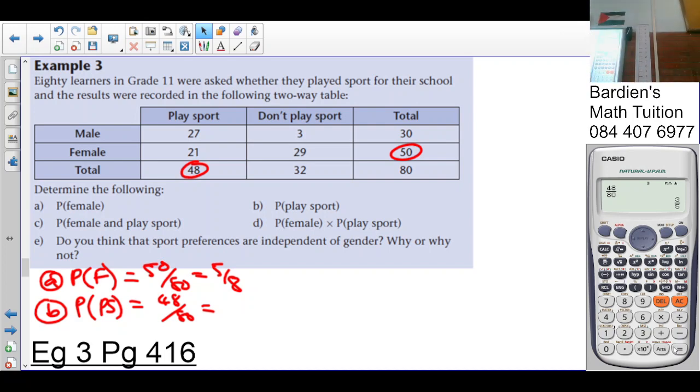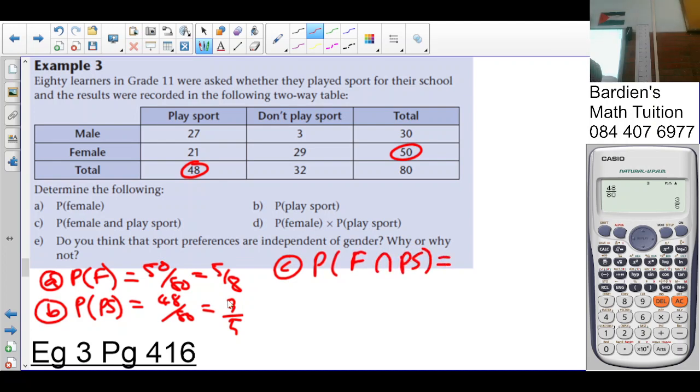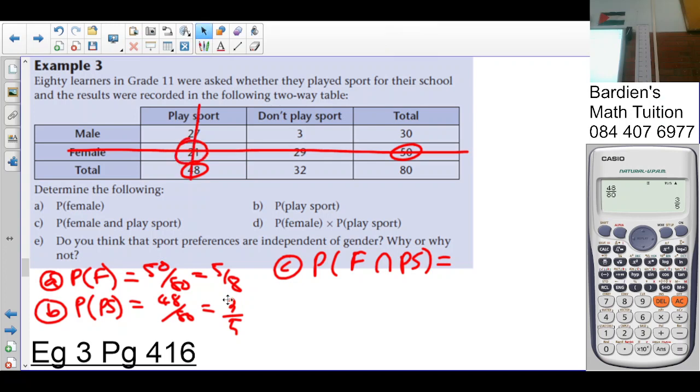That's correct. C. C says the probability of female and play sport. The probability of female and play sport is going to be, of course, 21. So it's 21 out of 80.